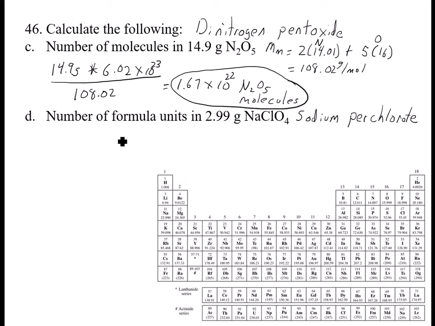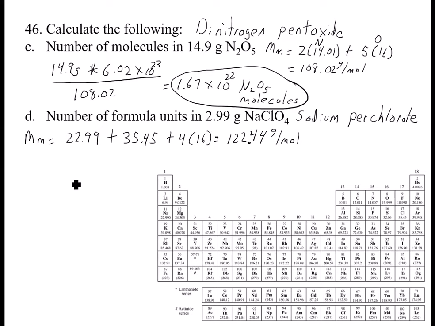Molar mass. I have 1 sodium, so it's 22.99. Again, I'm just getting these numbers from the periodic table, rounding to 2 decimal places. I have 1 chlorine of 35.45. And then I have 4 oxygens, 4 times 16. So the molar mass of this compound is 122.44 grams per mole.